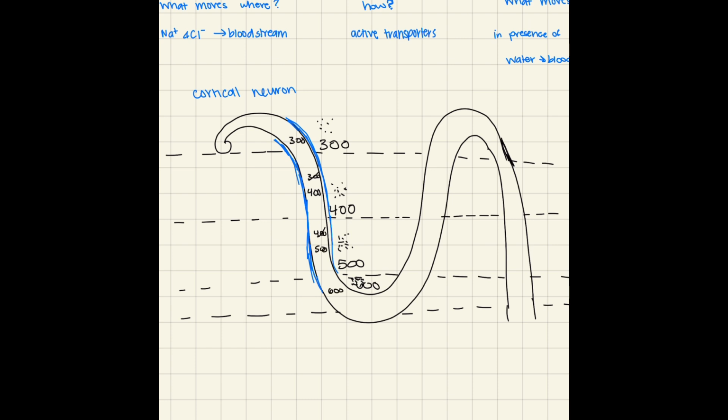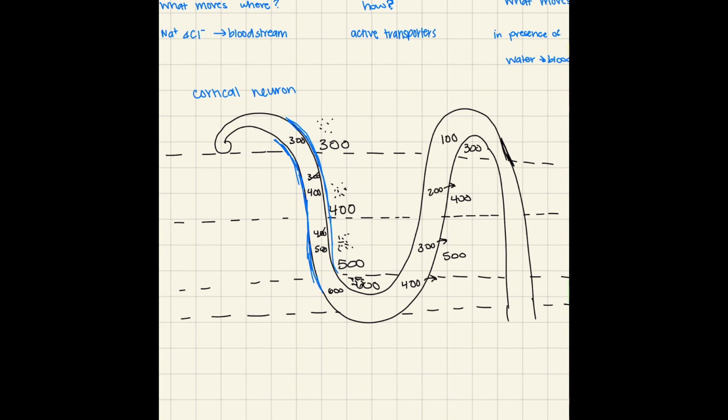And then as we ascend and come back up, the active transporters on the ascending side have the ability to transport up to 200 milliosmoles different from what's on the outside, basically. So when we start at 600, we're going to actually transport to 400. And then at 500, we're going to transport to 300. Then at 400, we're going to transport to 200.